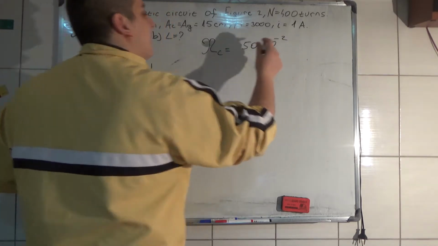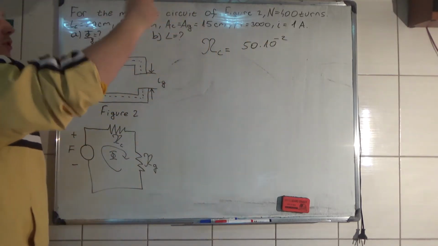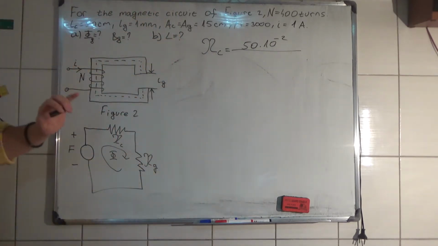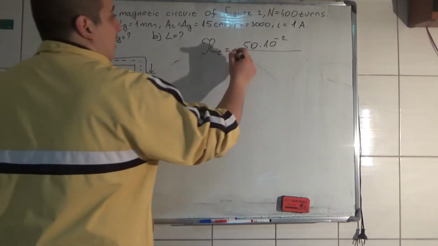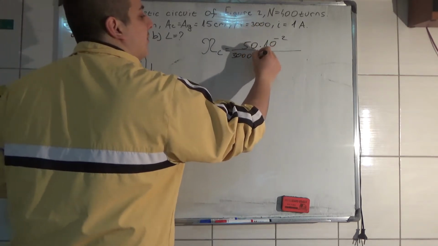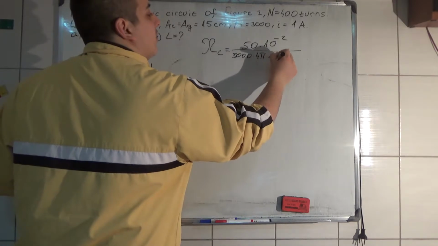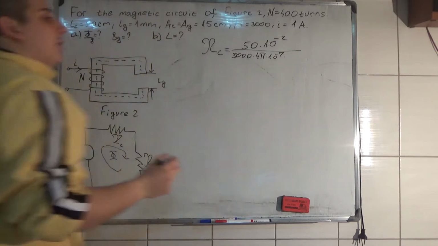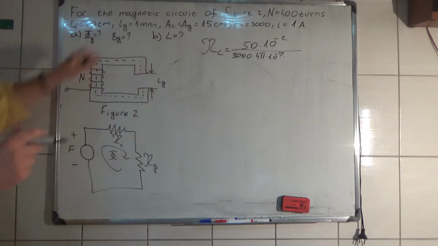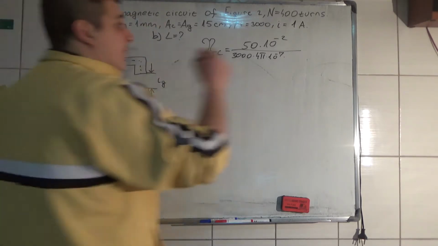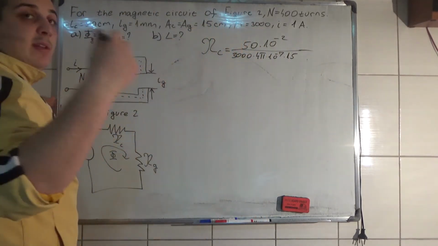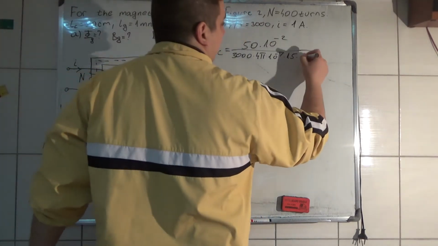So it's 50 times 10 to the minus 2 meters, divided by the permeability, which is 3000 times 4 pi 10 to the minus 7, multiplied by the area of the core, which is 15 centimeters squared, but in meters squared that is 15 times 10 to the minus 4.